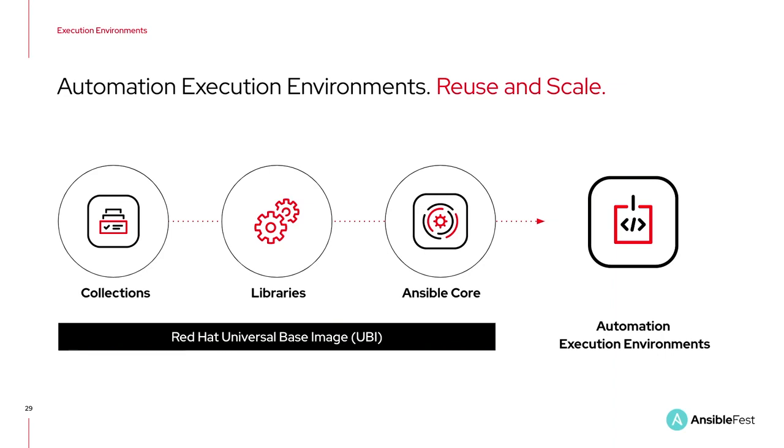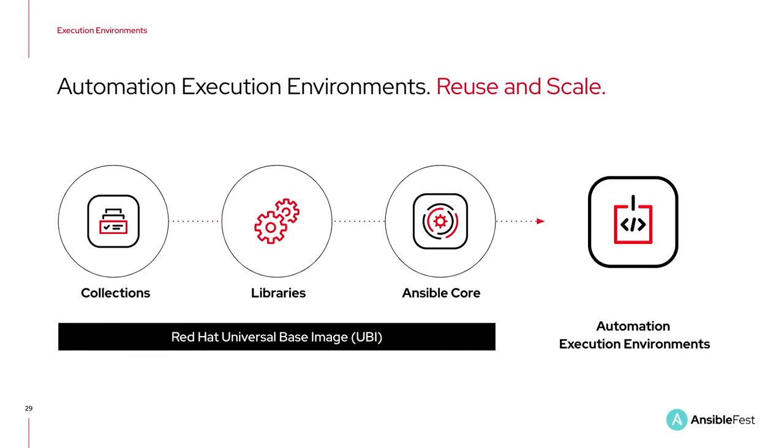The libraries, you can have some Ansible collections, but they have dependencies. It can be Python modules, it can be RPMs. That's quite important. And then you have the version of choice for Ansible, so version 2.9, 2.14, and so on. You bring that there, and then you create your automation execution environment.